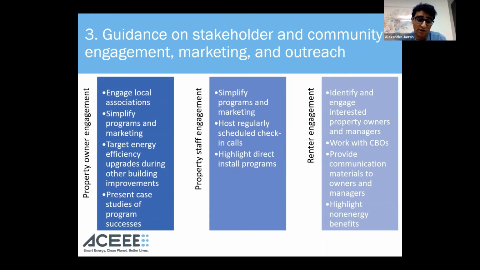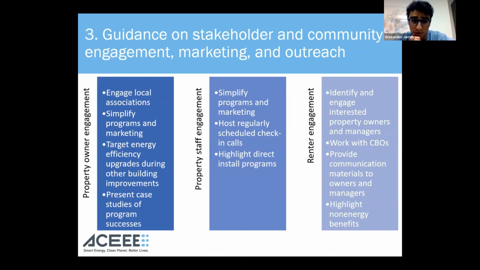We illustrate how targeting energy efficiency during other building improvements can increase the uptake of energy efficiency improvements. And we illustrate how presenting case studies can successfully convince property owners to participate in energy efficiency programs.